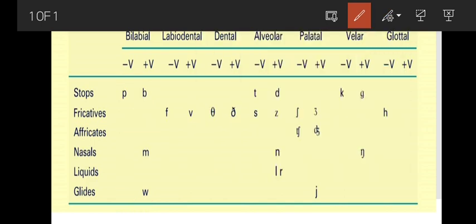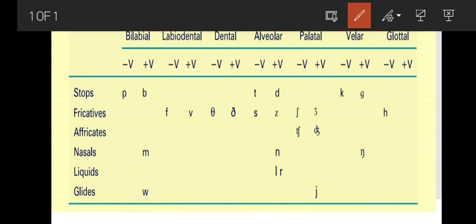So let's talk about labiodental. If I give you examples of bilabial words: pat, bat, mat, and wet, these are bilabial sounds. Now let's talk about labiodental sounds.